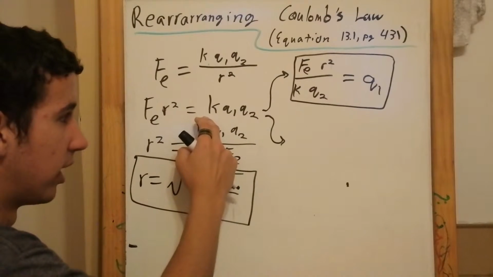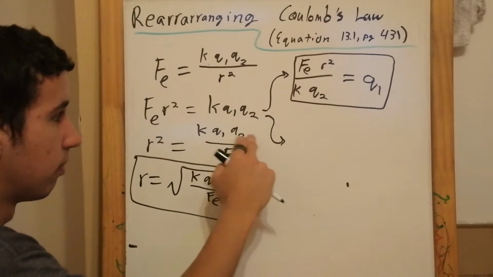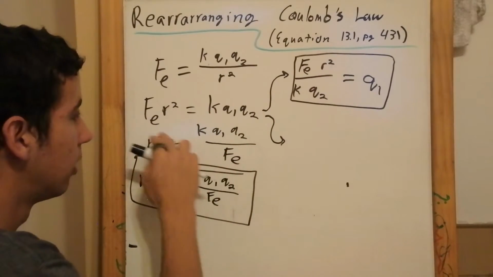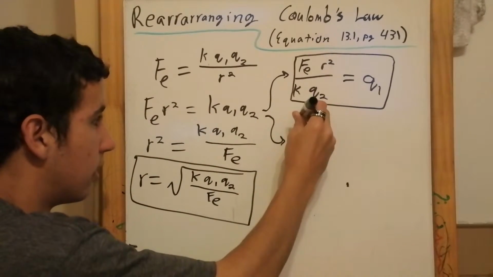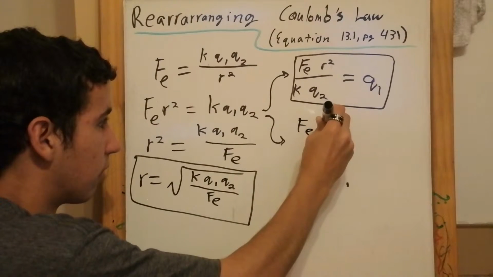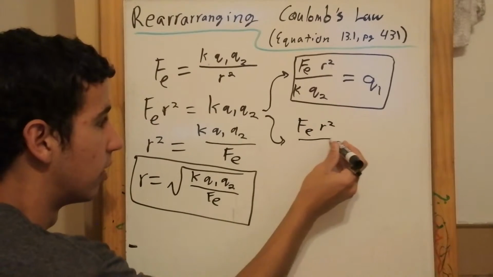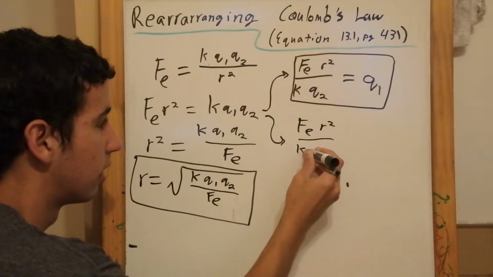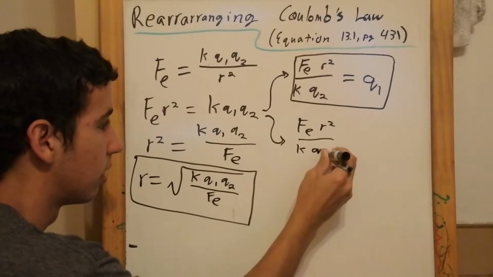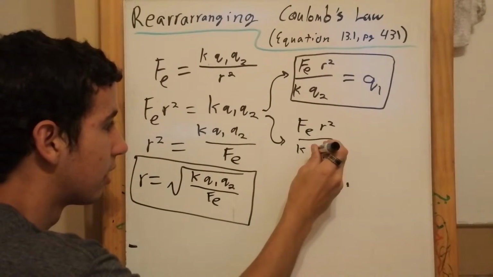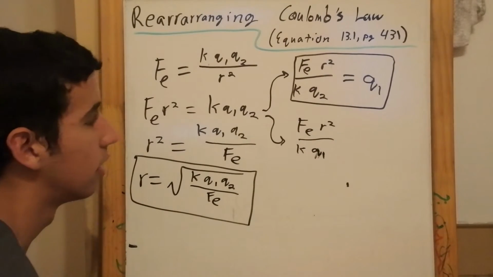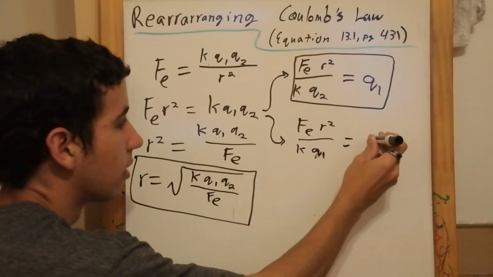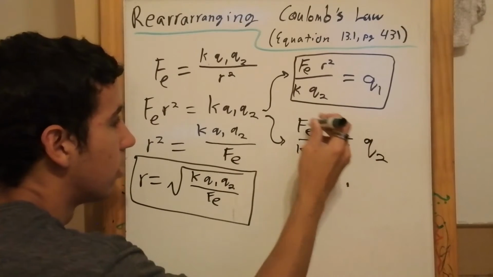So again, we just divide the whole equation by K times Q1. And so over here we have Fe times R squared divided by K times Q1, and that equals Q2.